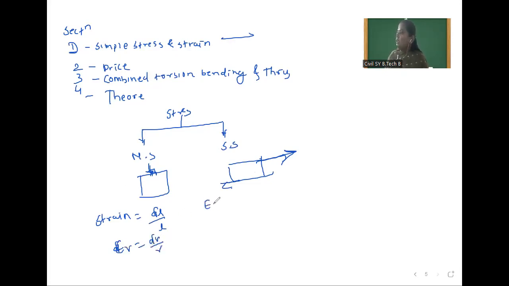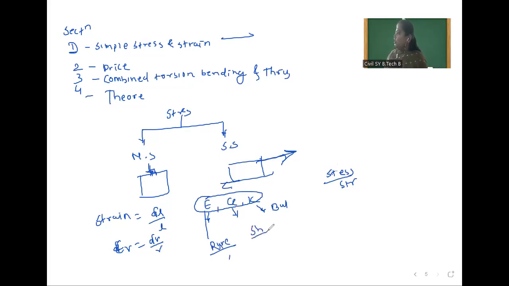After that, we have studied 3 constants, E, G, and K. E is Young's modulus, G is shear modulus or modulus of rigidity, and K is bulk modulus. In these 3 constants, the ratio is stress to strain. So for E, direct stress or normal stress to normal strain.